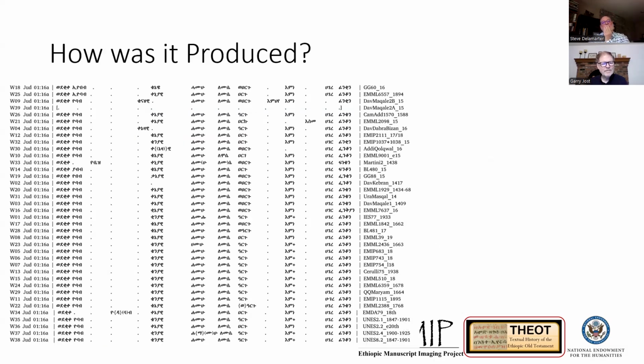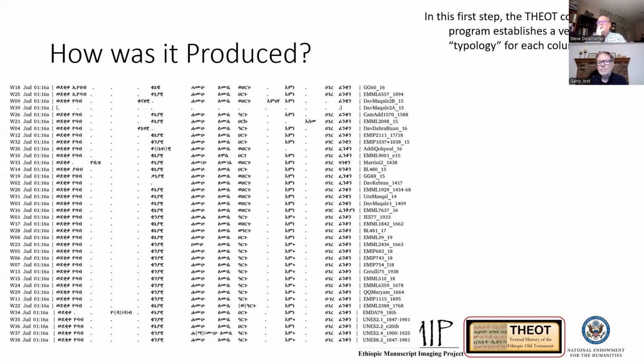Okay, thank you, Steve. So on the left here, we see what we refer to as the dots and bars file, and it's the file where we lined up, according to Ge'ez Root, the text of all the different manuscripts. In this first step, the THEOT computer program establishes a very simple typology for each column.